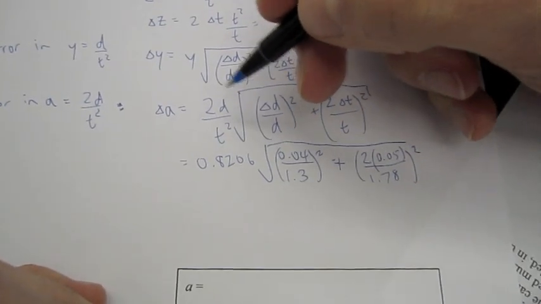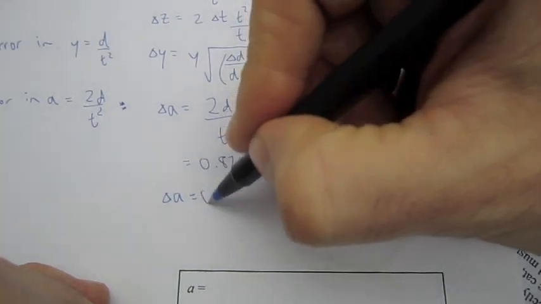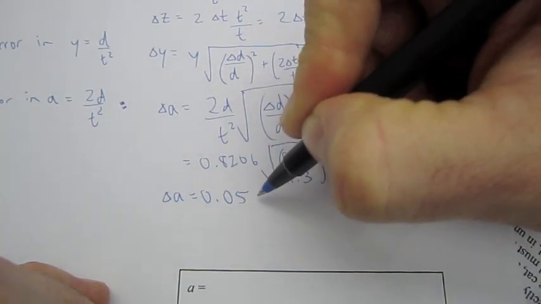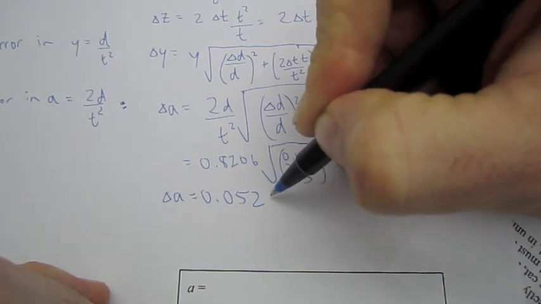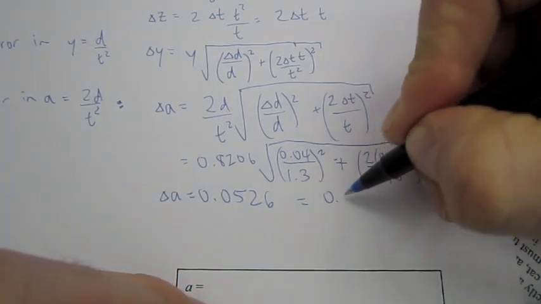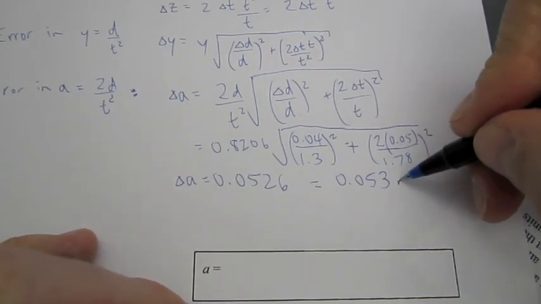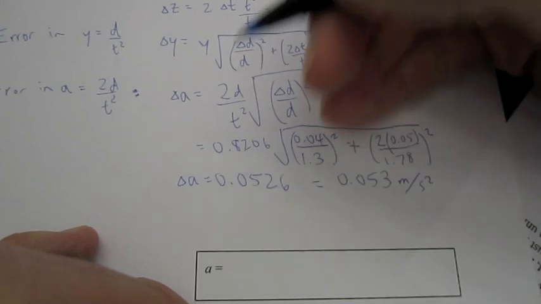Plugging all that into my calculator, I get the error in the acceleration is 0.052 something 6, I guess. So it's equal to 0.053 to two significant figures, and this is in meters per second squared.